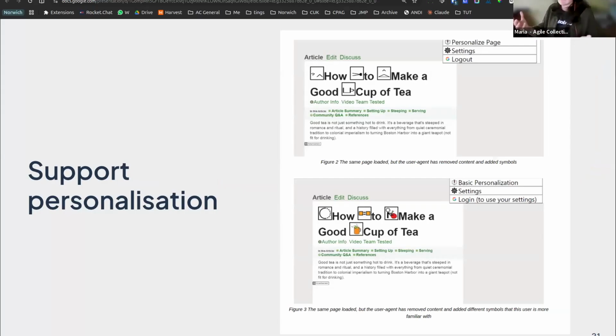So there are sets of symbols that are basically versions of words that you can then get your browser to recognize the word and insert the symbol alongside it. So the top screenshot here is a standard set.